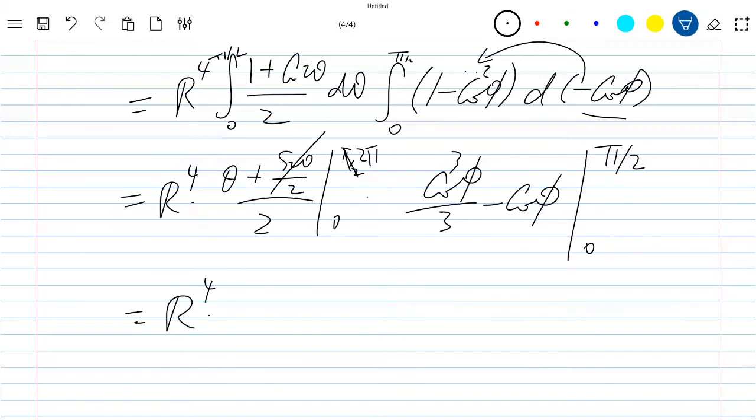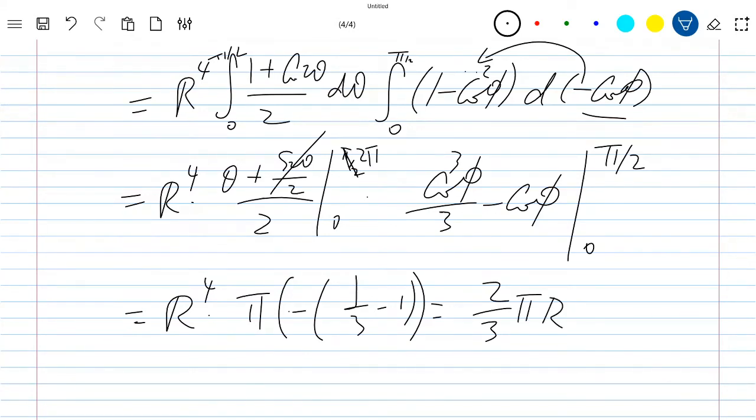R to the 4th times this is half, so it's pi, and the last term would be, if you plug in half pi, you will get 0, then plug in 0, you get 1, so you get a 1/3 minus 1, but it's in the negative, so it's like that. So it's 2/3 times pi times r to the 4th. Alright, so that's what you have.